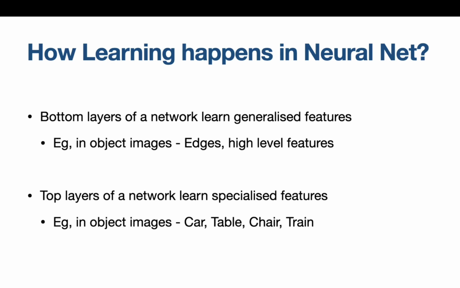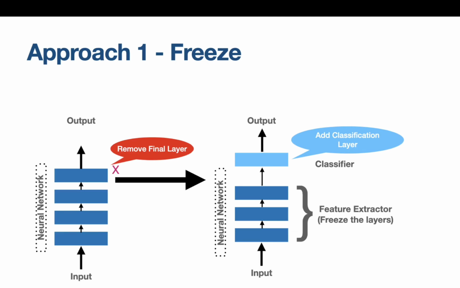So this is very important to learn: the bottom layers represent general features, and the top layers, as we go up, learn the specialized features. Now let us take a look at the two approaches we can use while performing transfer learning. The first approach is the freeze approach. Here we use the source network as a feature extractor.